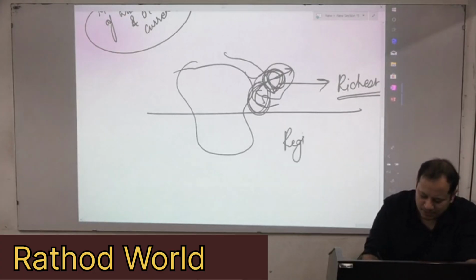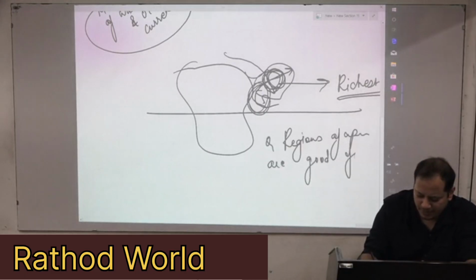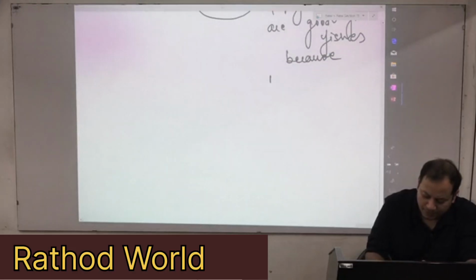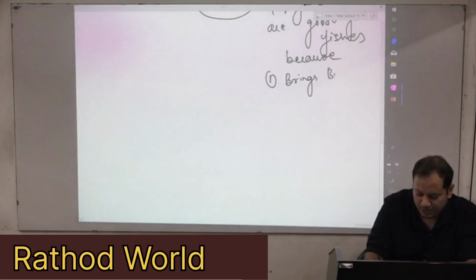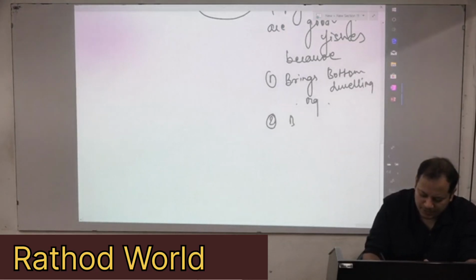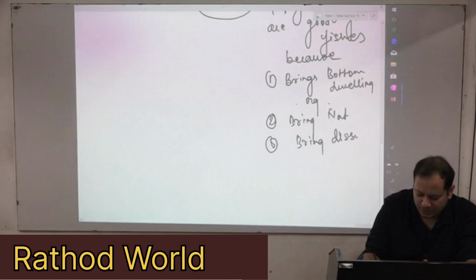The regions of upwelling are good for fishes because: 1, brings bottom dwelling organisms; 2, brings nutrients to the surface; 3, brings dissolved oxygen to the surface.